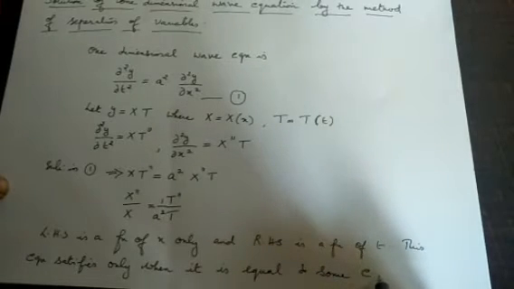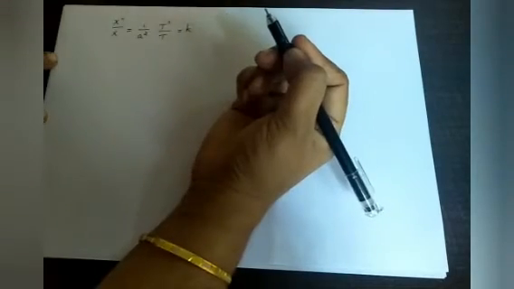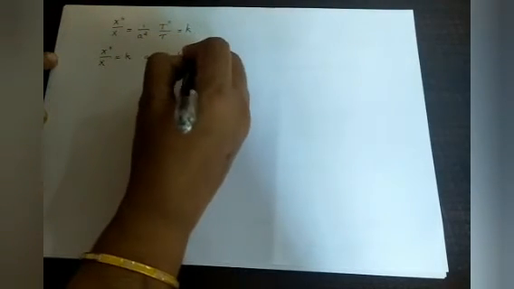So X''/X = (1/a²) T''/T = k. Now X''/X = k and (1/a²) T''/T = k.